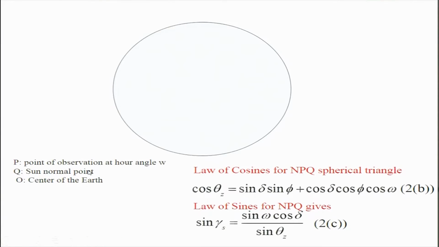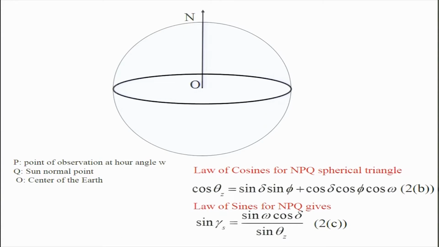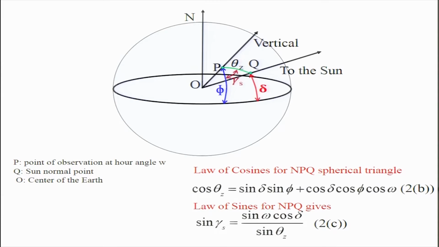Then I have another figure in which I can correlate these angles in a slightly different form. Here I have taken it with respect to the earth. O is the center of the earth, and this is the direction to the sun, so this is the beam.